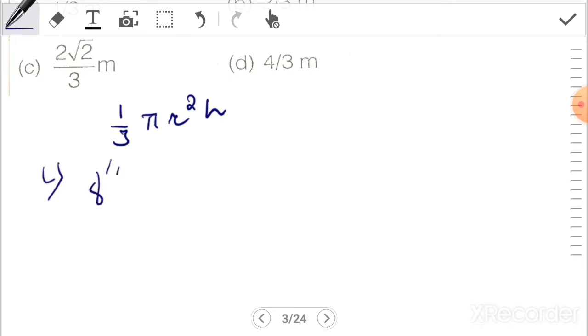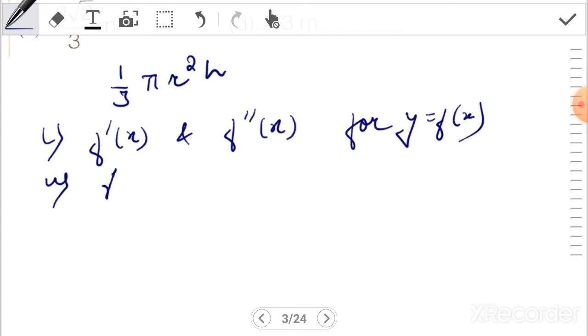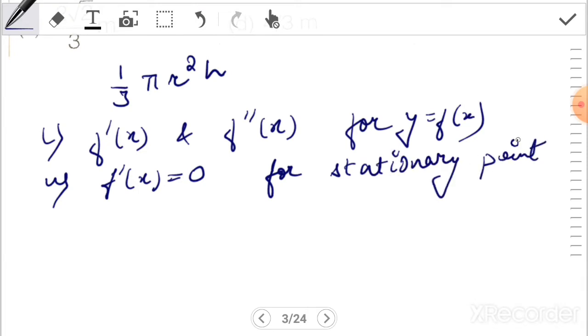First find f dash x and f double dash x for a given function y = f(x). Then the second step was to equate f dash x to 0 to obtain stationary points. Then calculate f double dash x at each stationary point. Then we obtain three conditions.